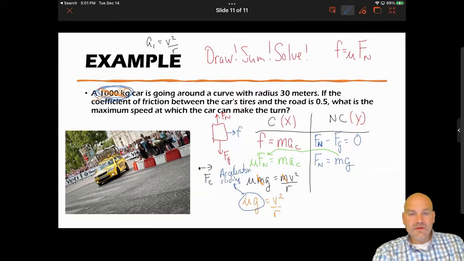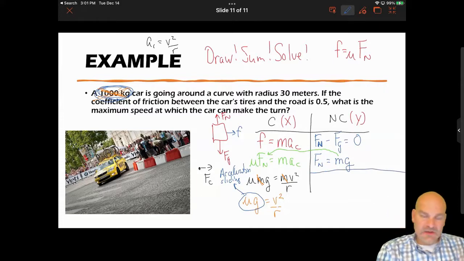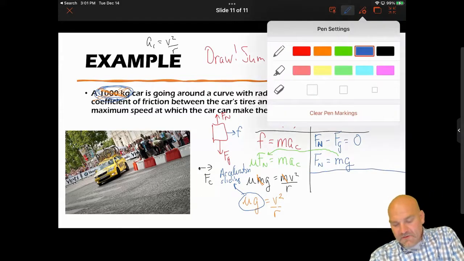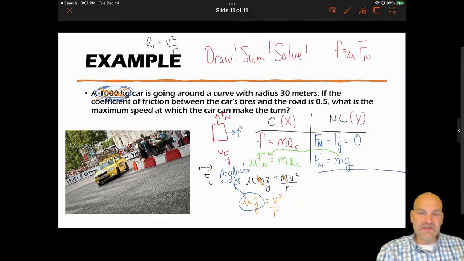So see, it comes back. We come back to stuff from unit 2 here in unit 3. Well, what does it have to equal? Of course it has to equal the centripetal acceleration because it's going around a turn.